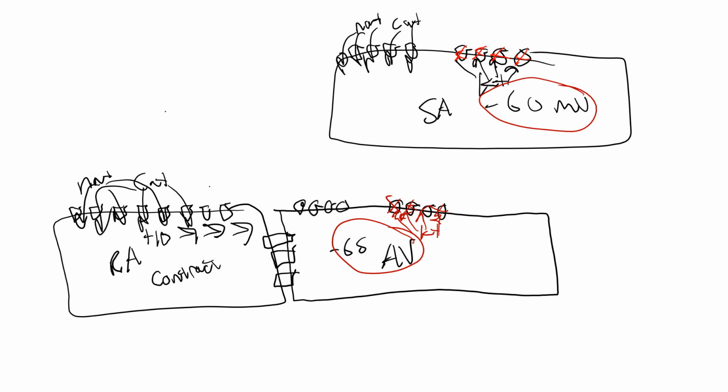But I'm getting a little bit ahead of myself. All I'm trying to show you here is that the AV node fiber is capable of getting to threshold on its own, but it almost never does. And the explanation for why the AV node fiber almost never does get to threshold on its own is because of the SA node fibers.